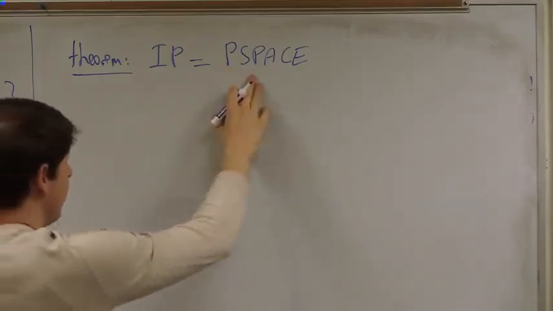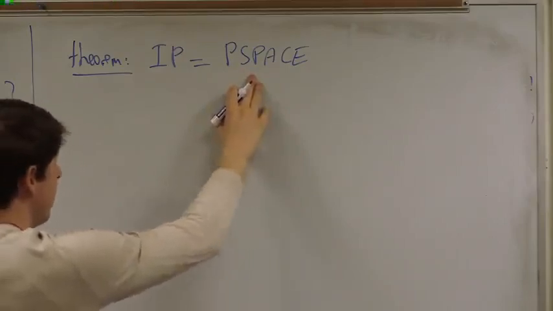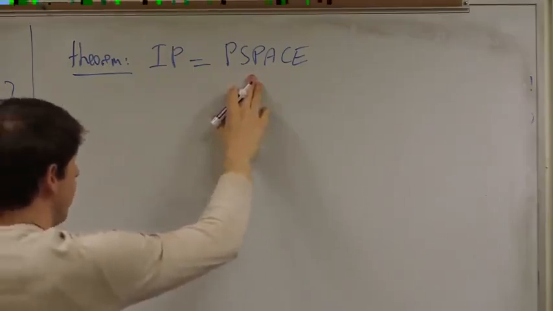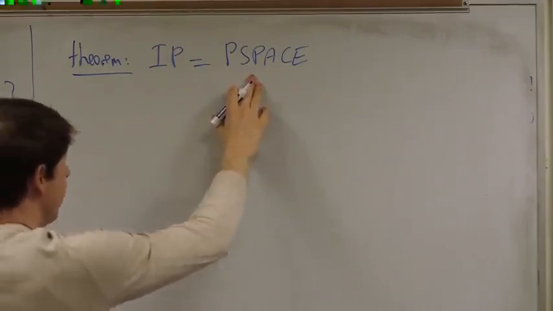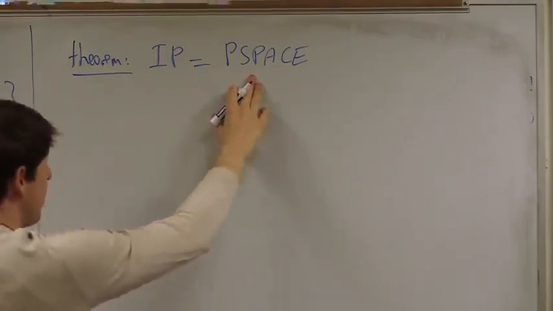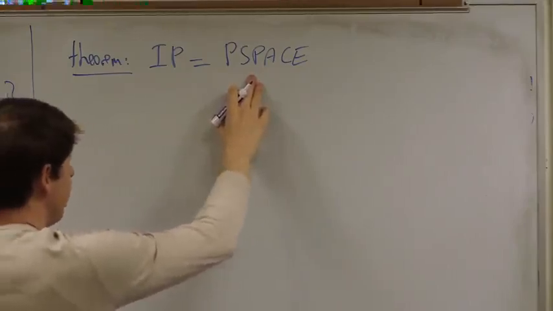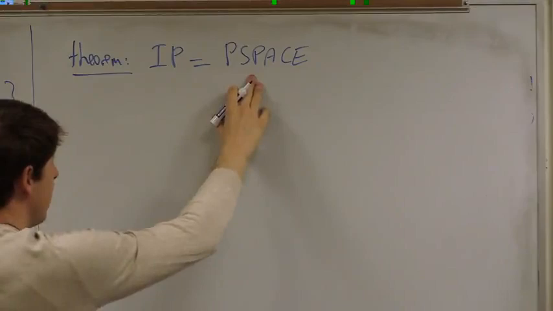Okay, so this says all languages solvable in polynomial space. This is an enormous class. Let's just first understand it. An algorithm that runs in polynomial time certainly has polynomial space, right?